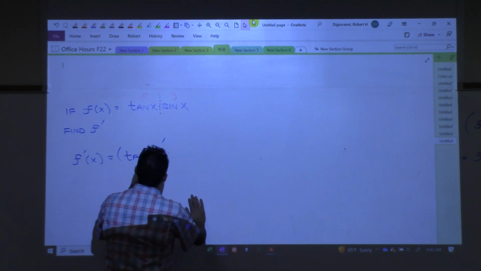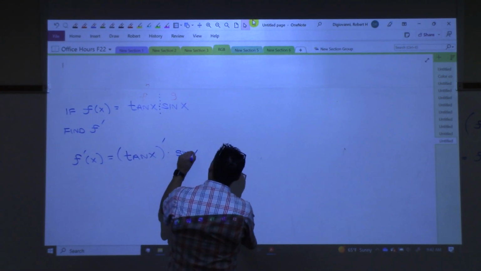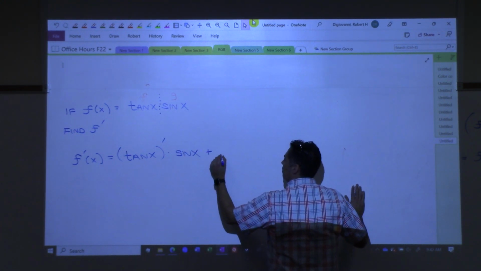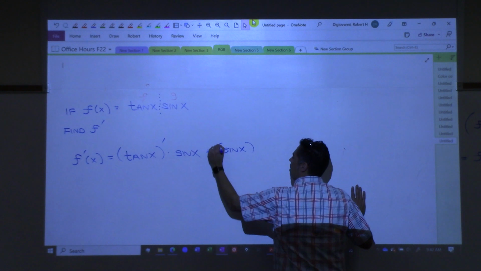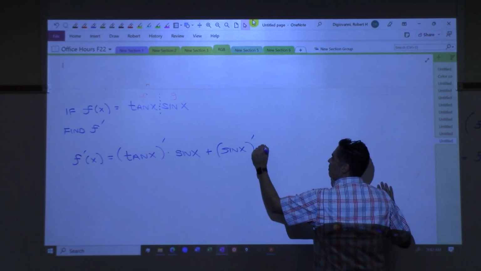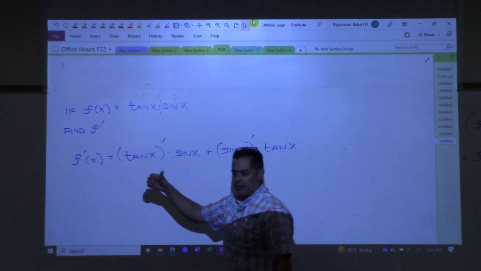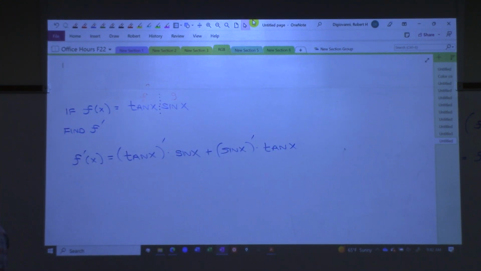Keep going. Sine of x times sine of x plus sine of x prime times tangent of x. There we go. Thumbs up or down for Hector? Thumbs up. Okay, good. Now, you have your formula sheets if you don't remember.